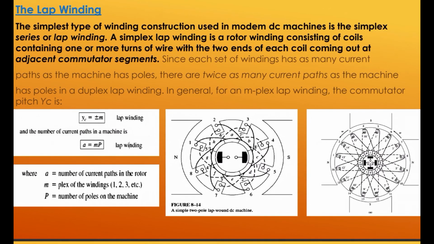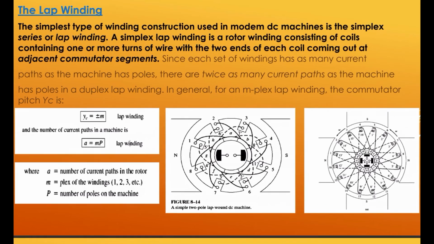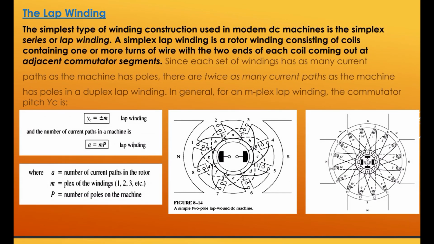Let's talk now about the first type, lap winding. The simplest type of winding construction used in modern DC machines is the simplex series, or lap, winding.